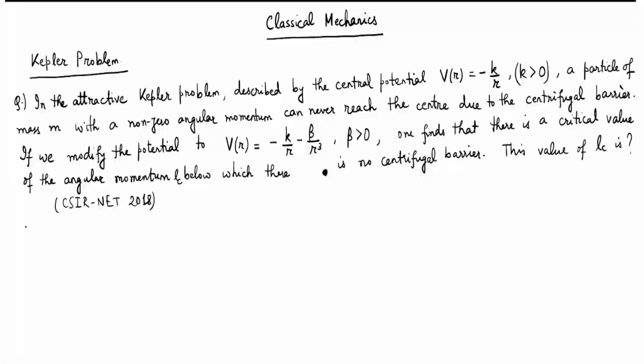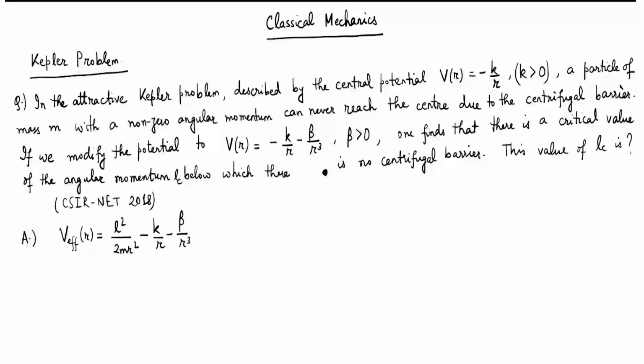So the first thing is the total potential, V effective(r) is L square by 2mr square, this is the centrifugal potential, minus K by r minus beta by r cube.